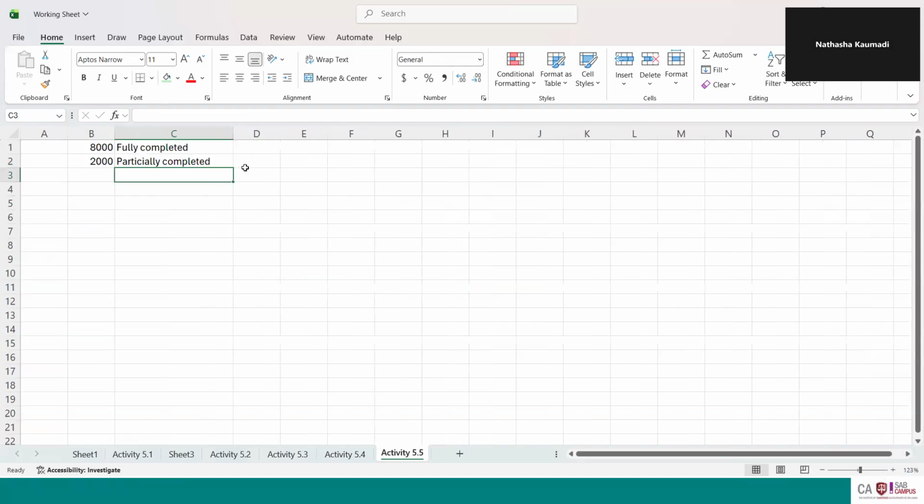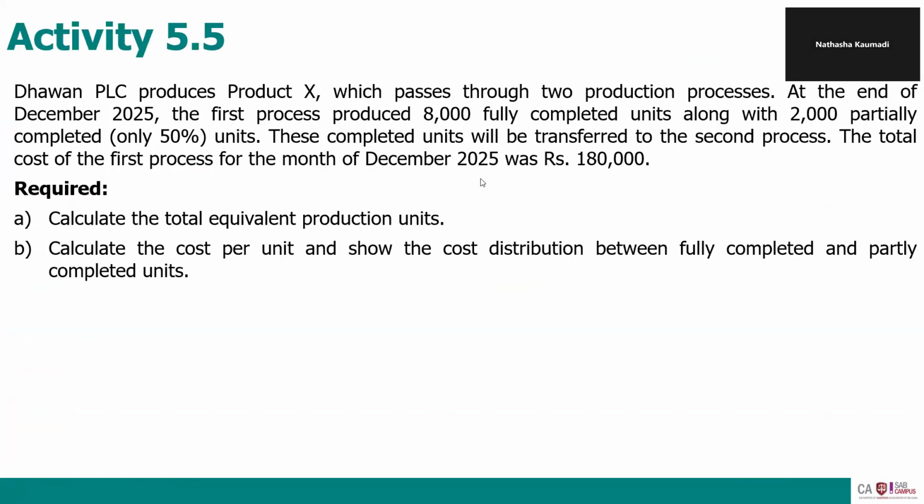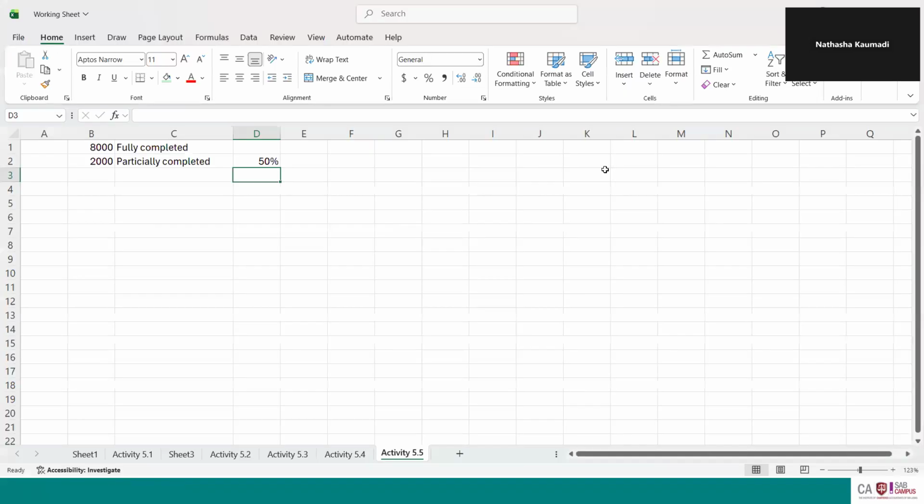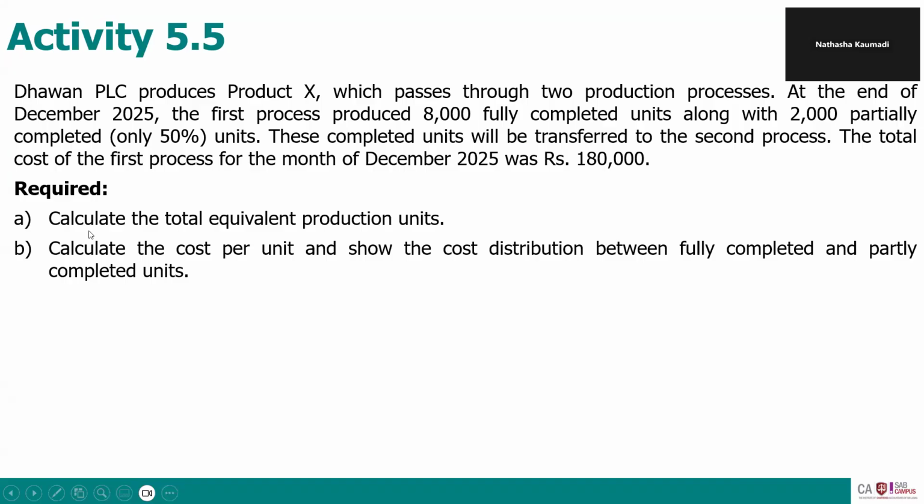What is that partial completion rate? 50%. These completed units will be transferred to the second process. Total cost of the first process for the month of December 2025 is 180,000. Okay, calculate what is required.